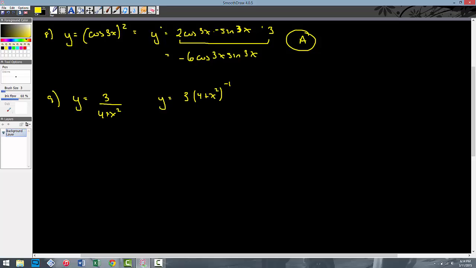Because now y prime, which is what I think the only thing you're finding, really is just going to be negative 3 times 4 plus x squared to the negative 2 times 2x. Remember, chain rule of this thing. So that's going to be negative 6x over 4 plus x squared, quantity squared, and that right there equals A.